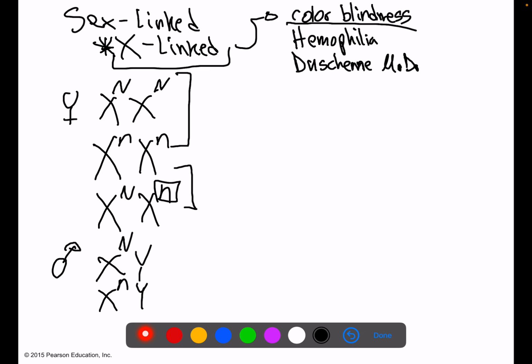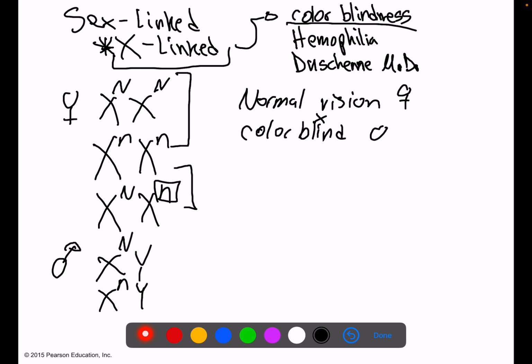All right, so if we were to do one cross, let's say that we had a normal vision mom crossed with, let's say, a colorblind dad. And let's say that from this union, they had a daughter, and the daughter was colorblind.